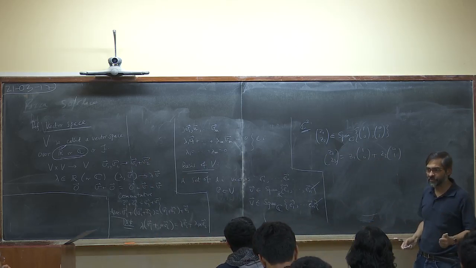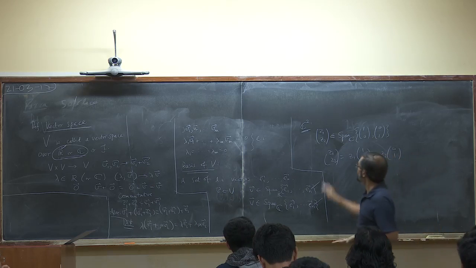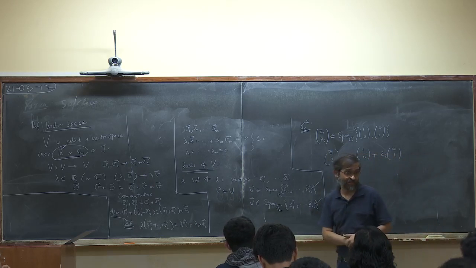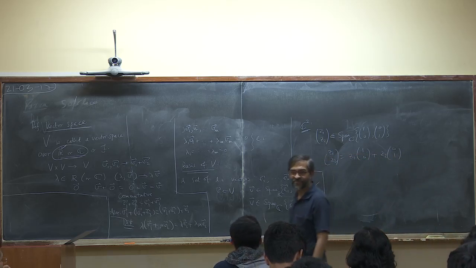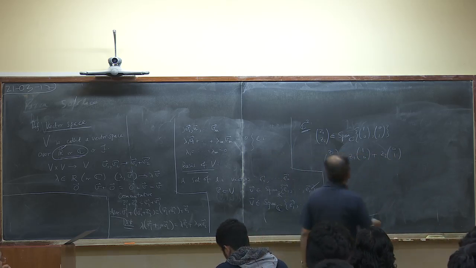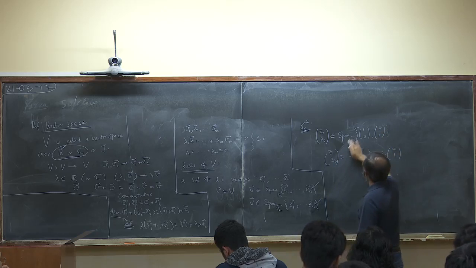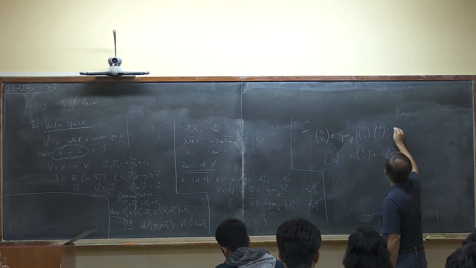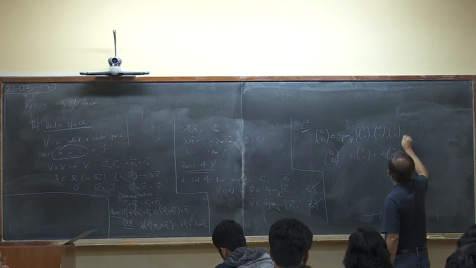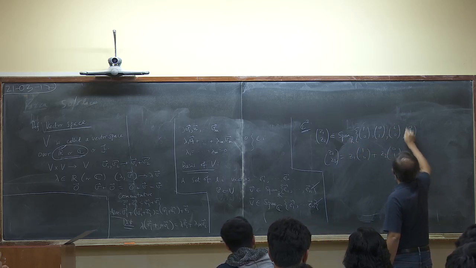It's a complex linear combination. However, I demand now, let's say, that I want to write this as a real linear combination of something. Can I do that? I can do that, of course. So what I have to do is to include with this (i, 0) and (0, i).